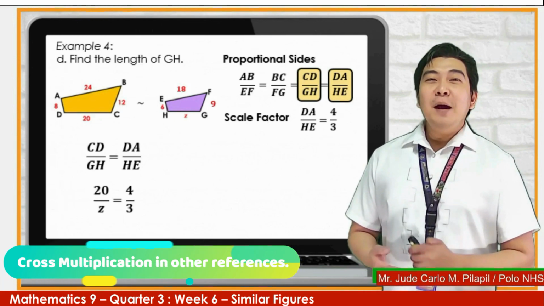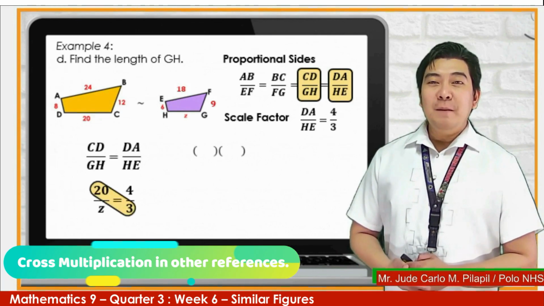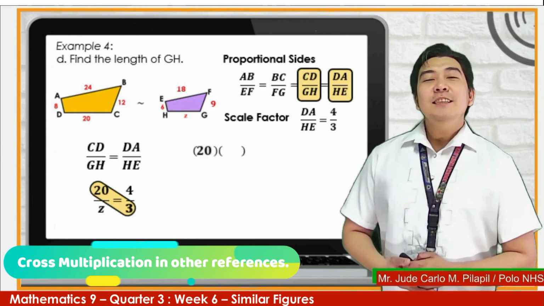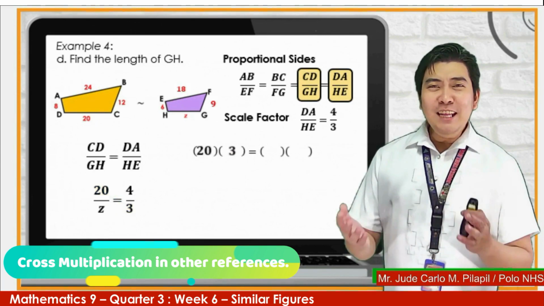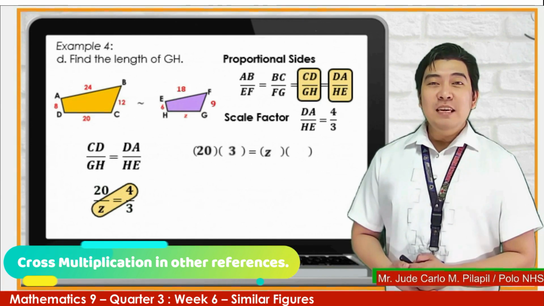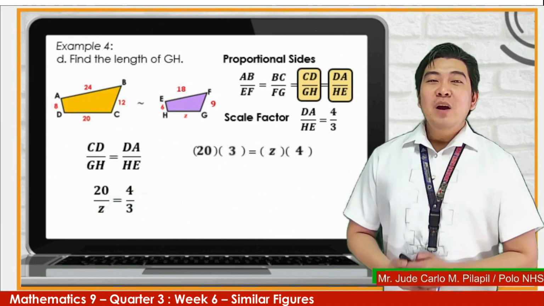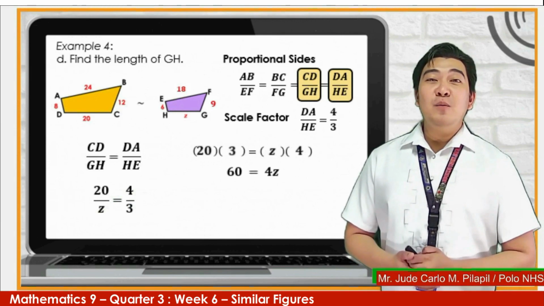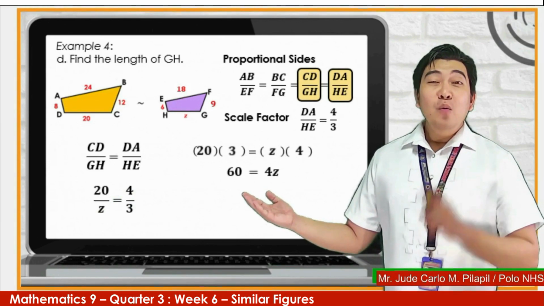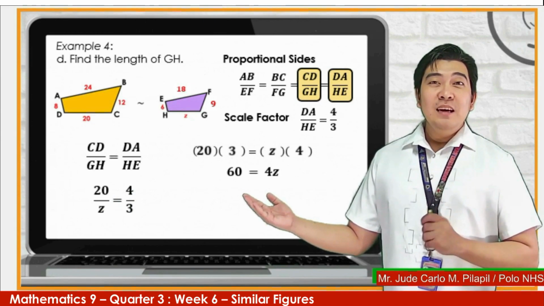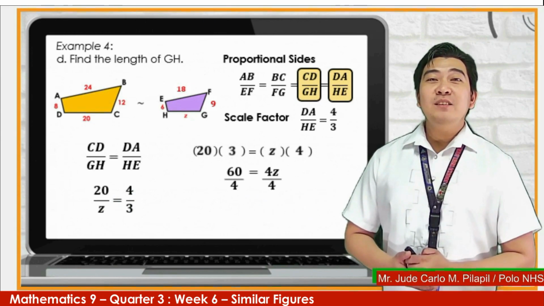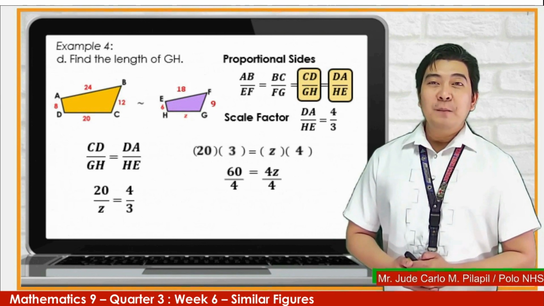Next, let us apply the means and extremes theorem, multiplying 20 times 3. And it must be equal to the product of z times 4. By multiplication, we will obtain 60 is equal to 4z. We only need the value of z, so therefore we need to divide both sides of the equation by 4.